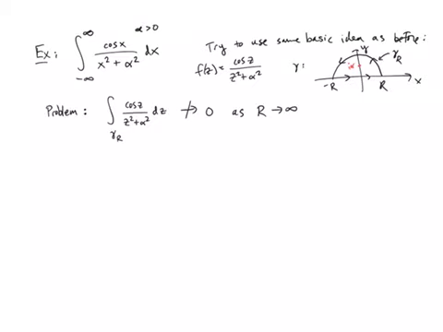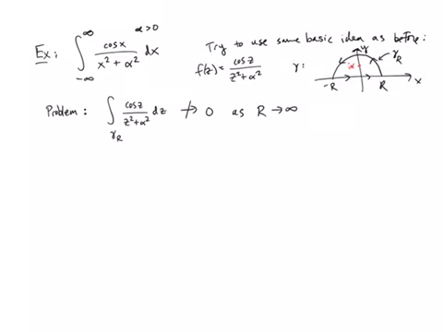But here, our cosine, so cosine in the imaginary direction is a hyperbolic cosine, and that is an exponentially growing function. So essentially what you're going to be looking at is exponential over polynomial, and that's going to grow too fast, and this integral is not going to approach 0 as r goes to infinity.